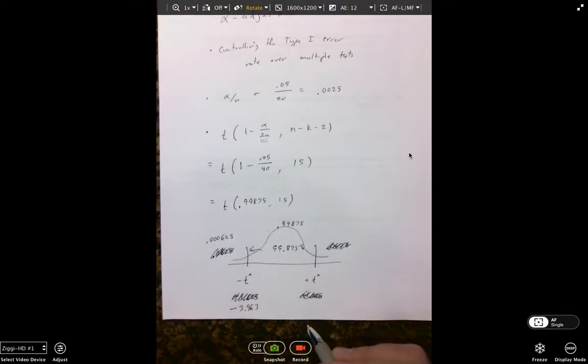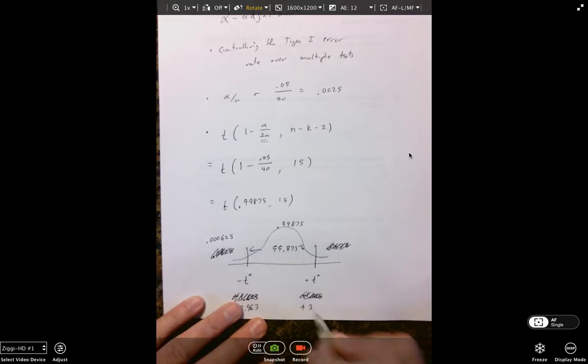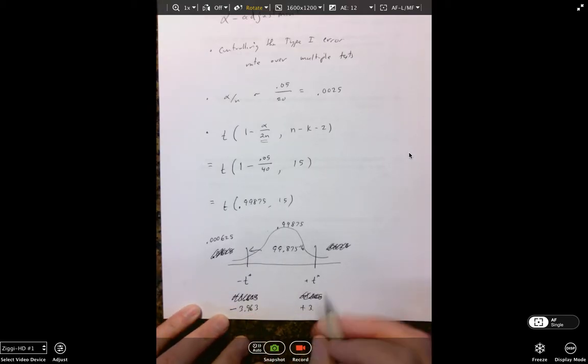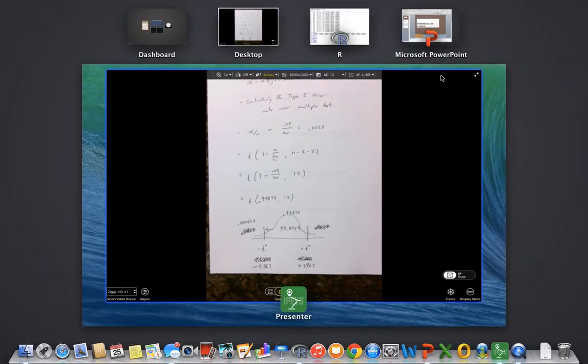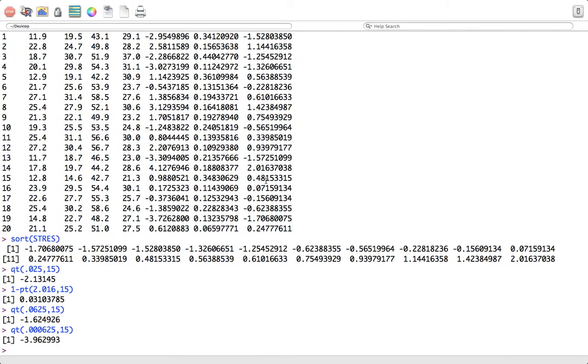So negative 3.963 and positive 3.963. And our test statistic that we calculated, our standardized residual, was 2.01.